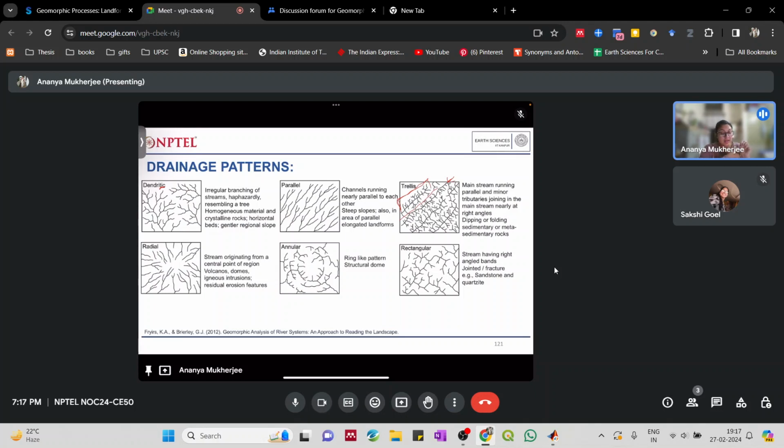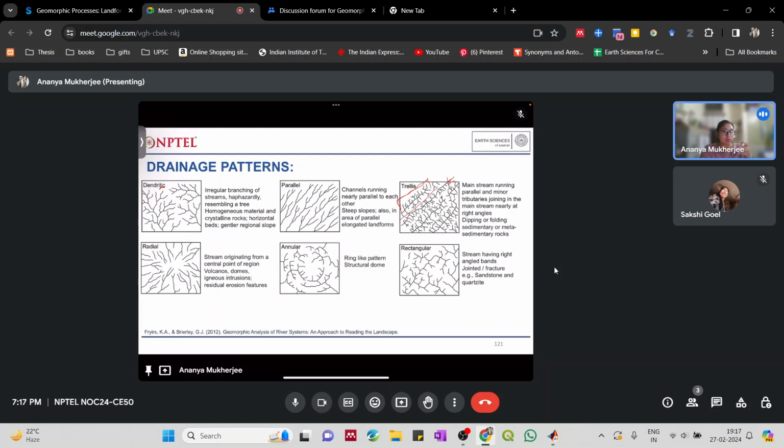Or you have joints that are formed in that area, or zones of weakness. Then rectangular is mostly found in areas where you have joints and fractures in sedimentary rocks.